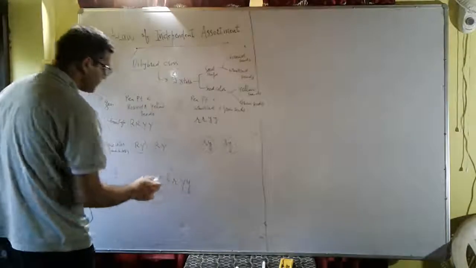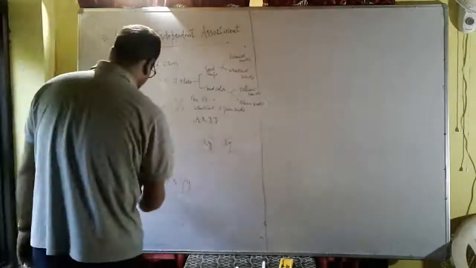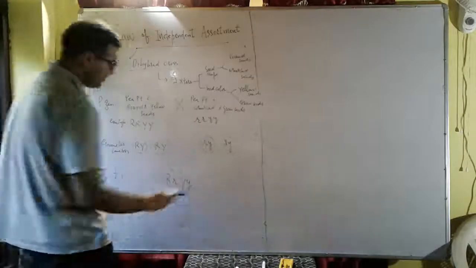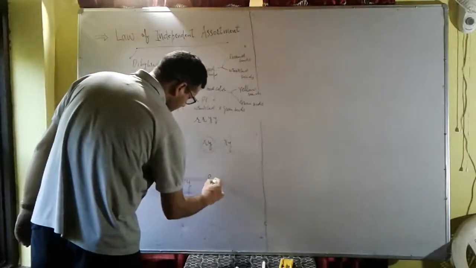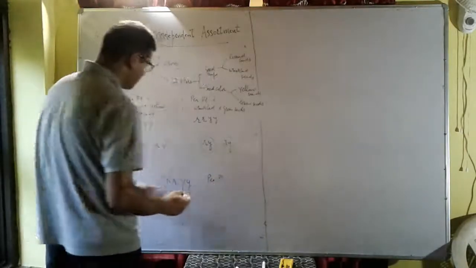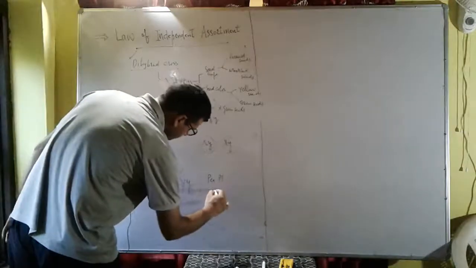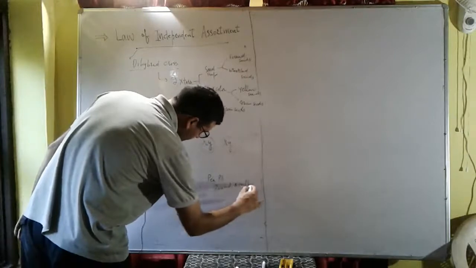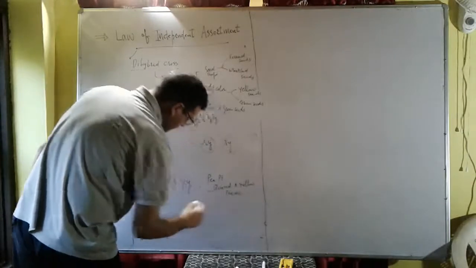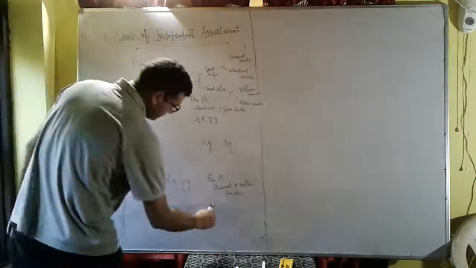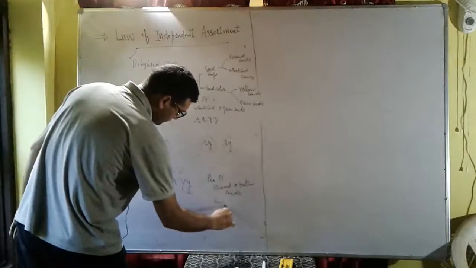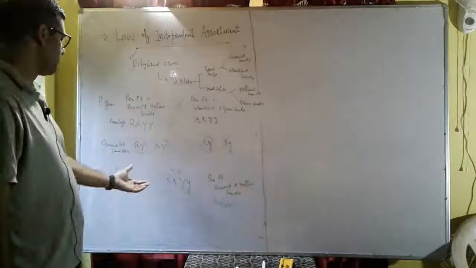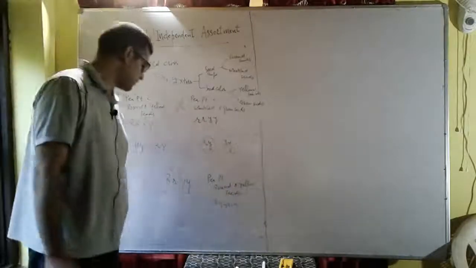This is the F1 generation, the first filial generation. These are pea plants having round and yellow seeds. But this is heterozygous or hybrid, because it is formed by a cross between two homozygous parents.